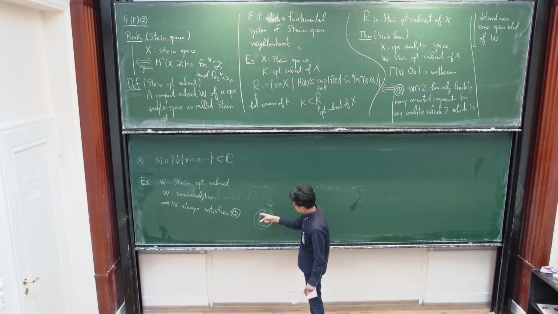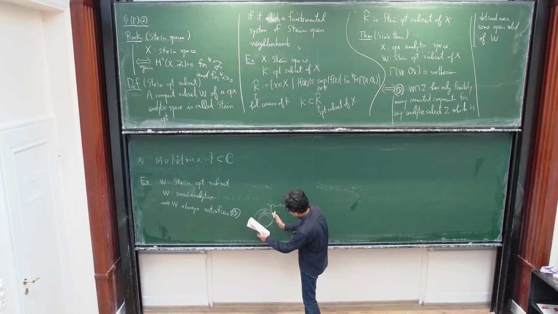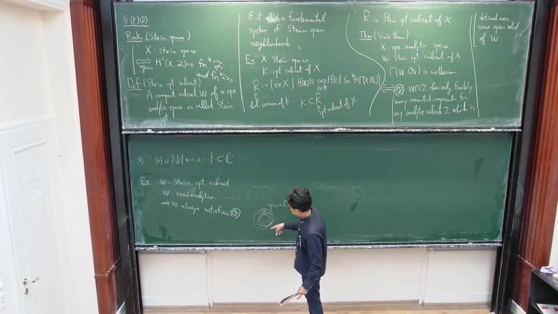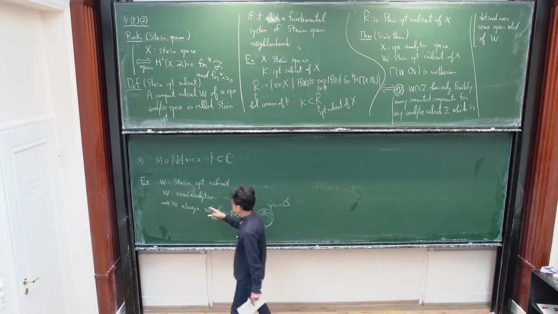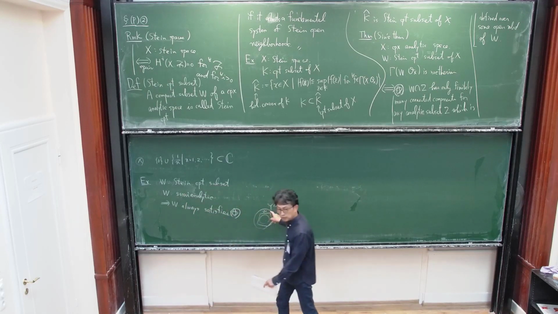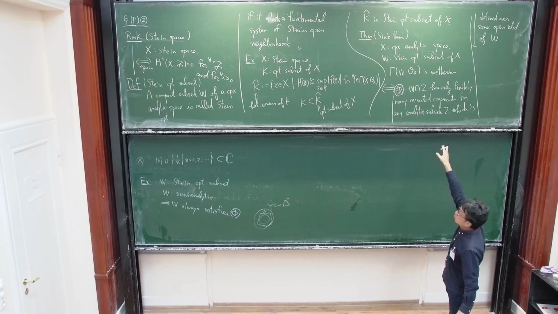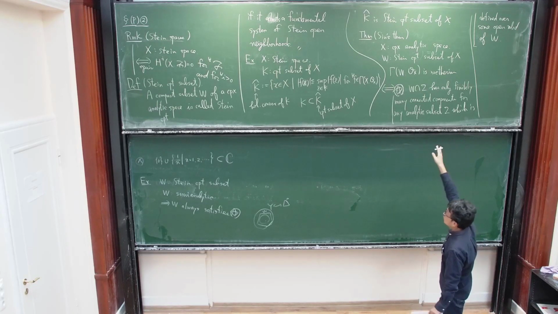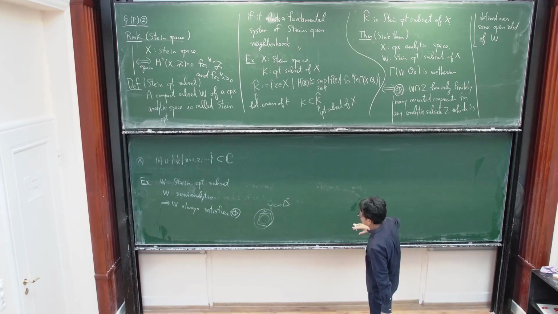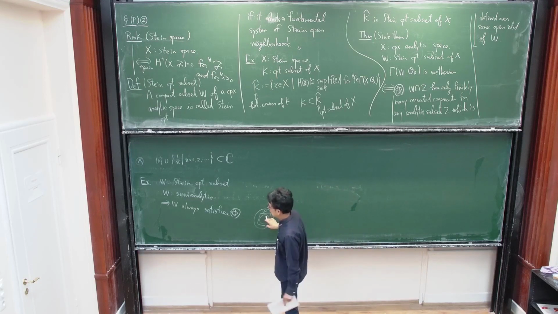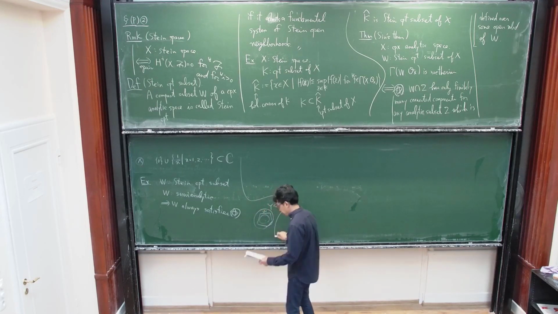For example, embed in some higher dimensional polydisk and take an Oka-Weil domain and take suitably, we can construct a semi-analytic Stein compact subset. So it satisfies that condition.